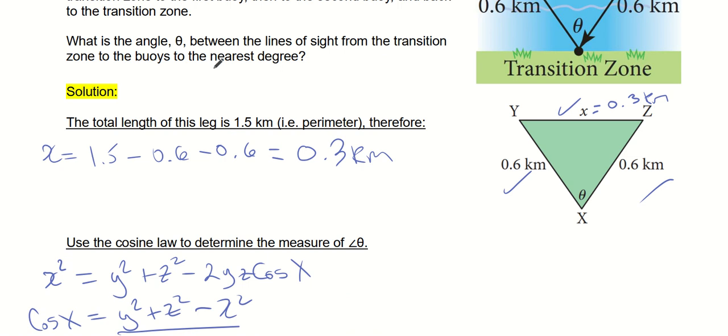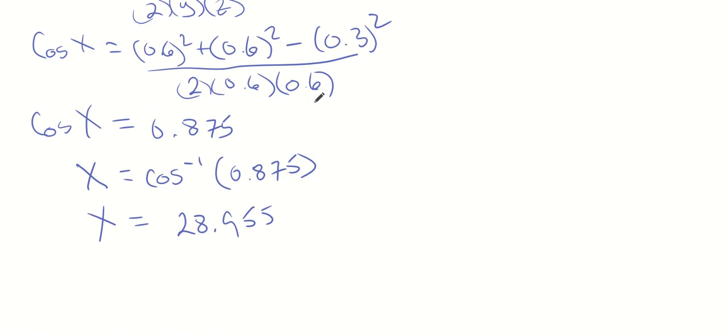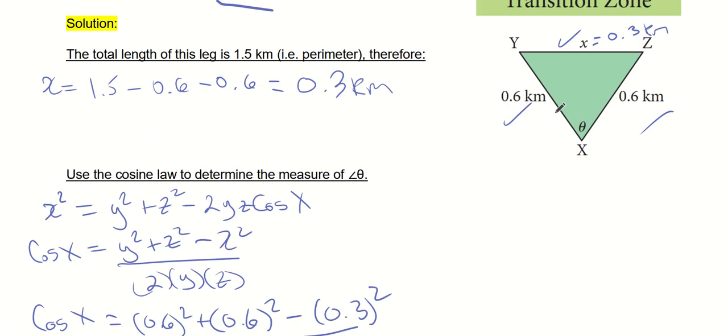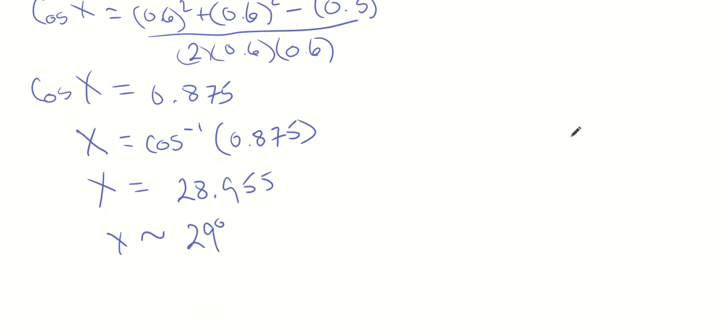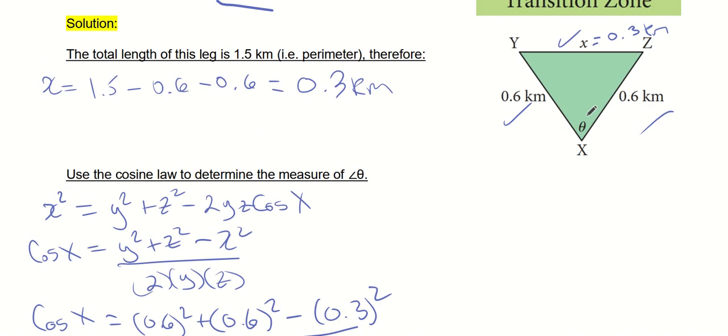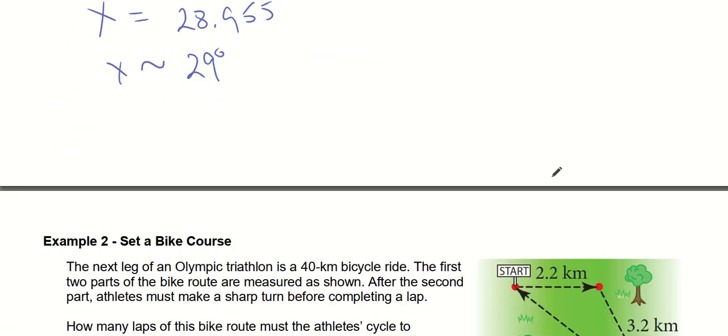So I'm rounding it to 28. Oh wait, it should be 29. There we go, 29 degrees. You can write yourself a statement here saying that the angle is 29 degrees. You should be writing a statement, but I'm going to move on because I just want to teach the lesson.